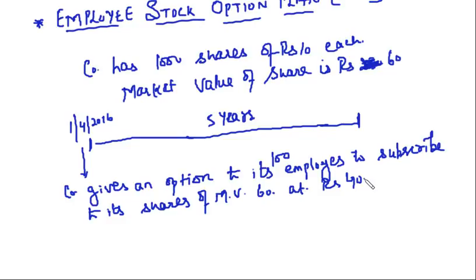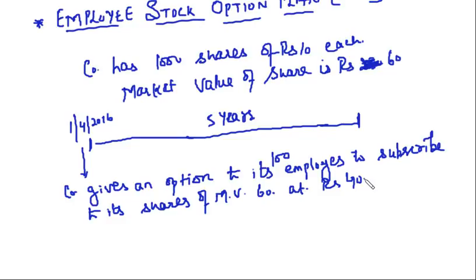How much? 100 employees. What is an option given? They say that after a service of 5 years, if you wish, you can subscribe to the shares whose market value is 60, but we will provide you at 40 rupees. Clear? Company says we will provide you at a value which is less than the market value.